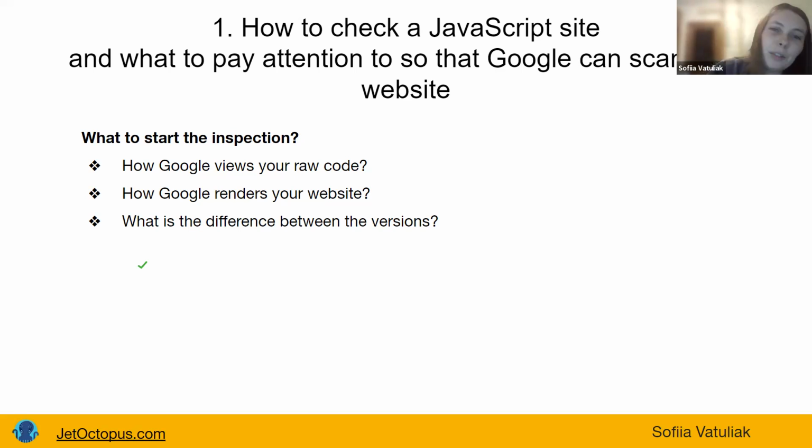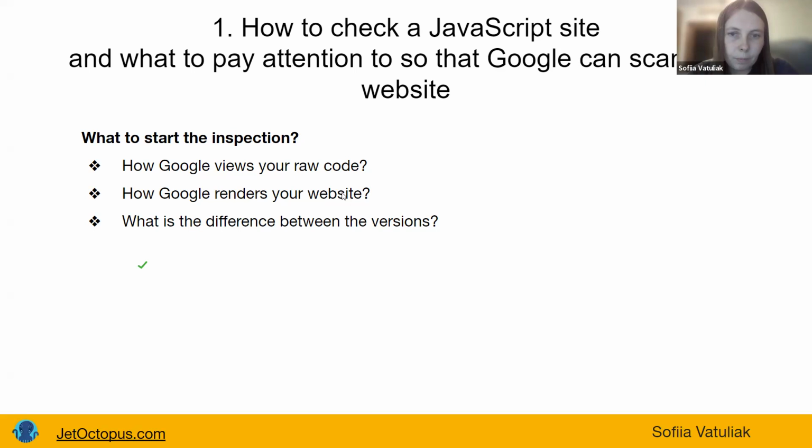But yes, we need to check everything and work carefully on some JavaScript inspection. And if you want to check your JavaScript website, I recommend starting with these 3 points. We need to inspect how Google views your raw code, then how Googlebot renders your website, and of course, we should check the difference between the raw code and the code that Google received after rendering of JavaScript and some resources.